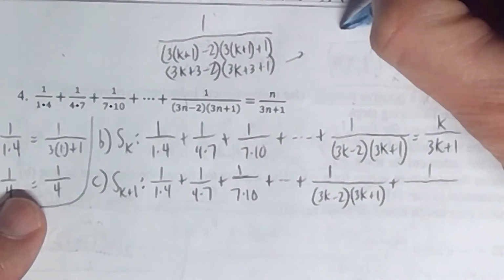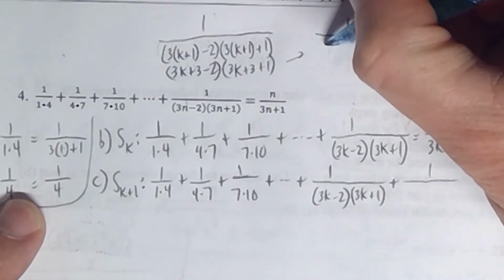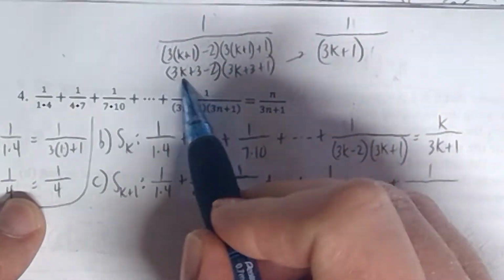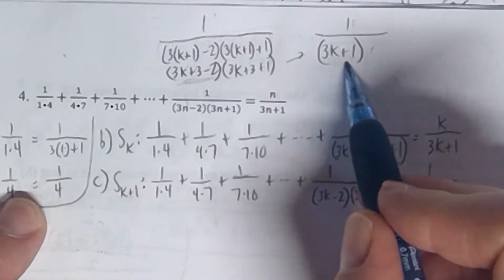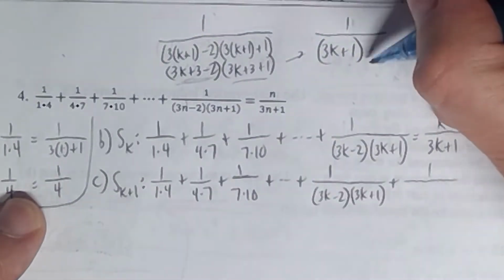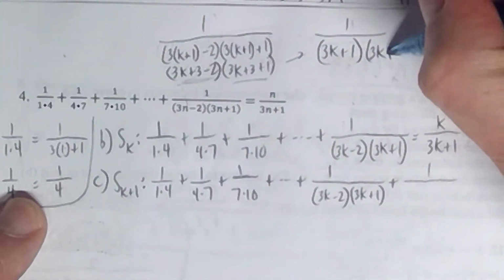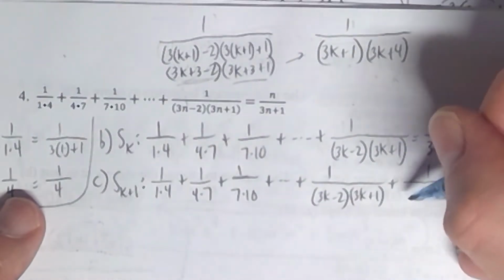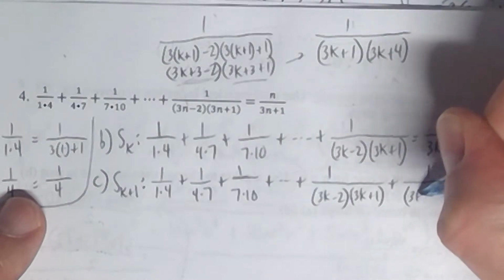And that leads to what? That's going to lead to 1 over 3k plus 1 in that first bracket. This first bracket right here becomes 3k plus 1. And then the second bracket right here becomes 3k plus 4. Like that. And so that's exactly what would go here.